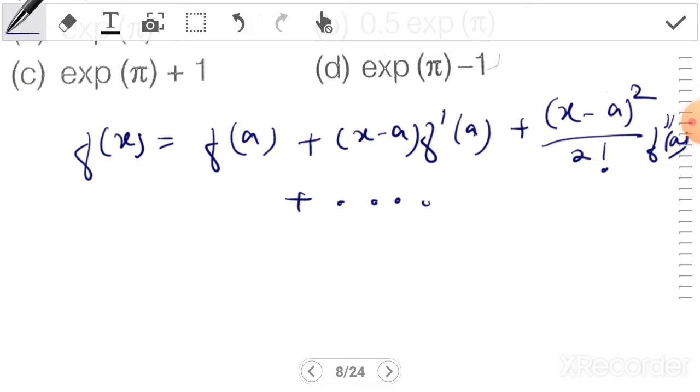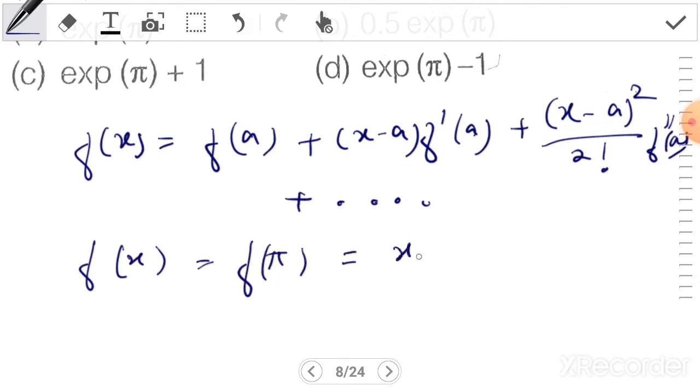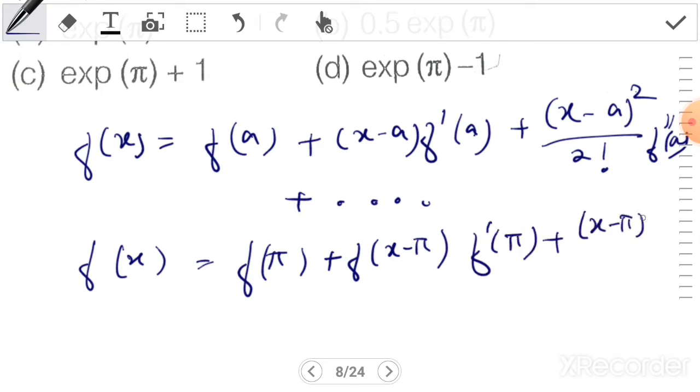Now about x equal to pi, replace a by pi. So f(x) is equal to f of pi plus (x minus pi) f dash of pi plus (x minus pi) whole square by 2 factorial f double dash pi.